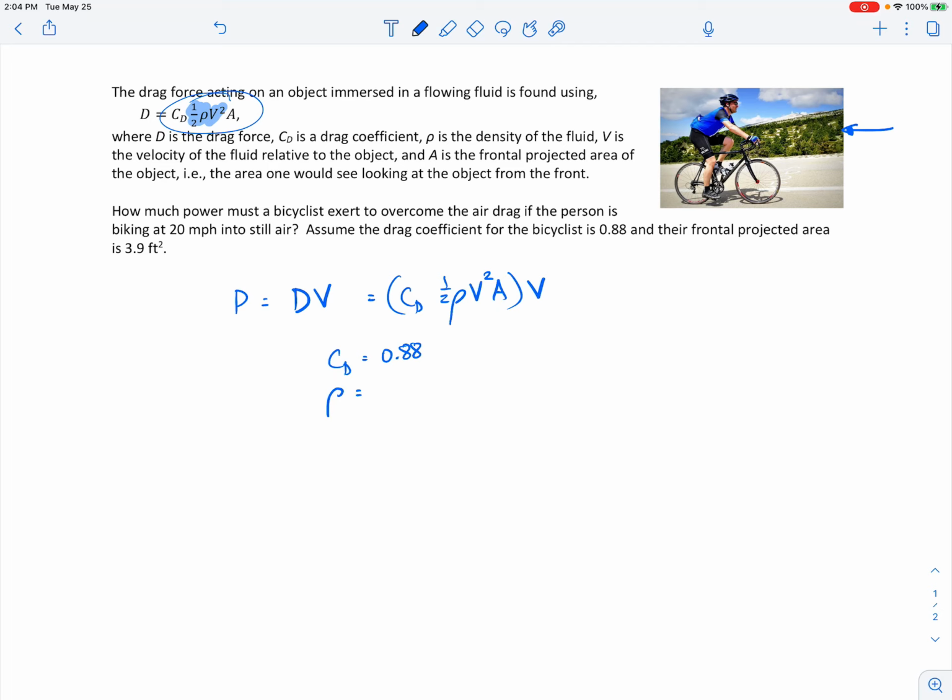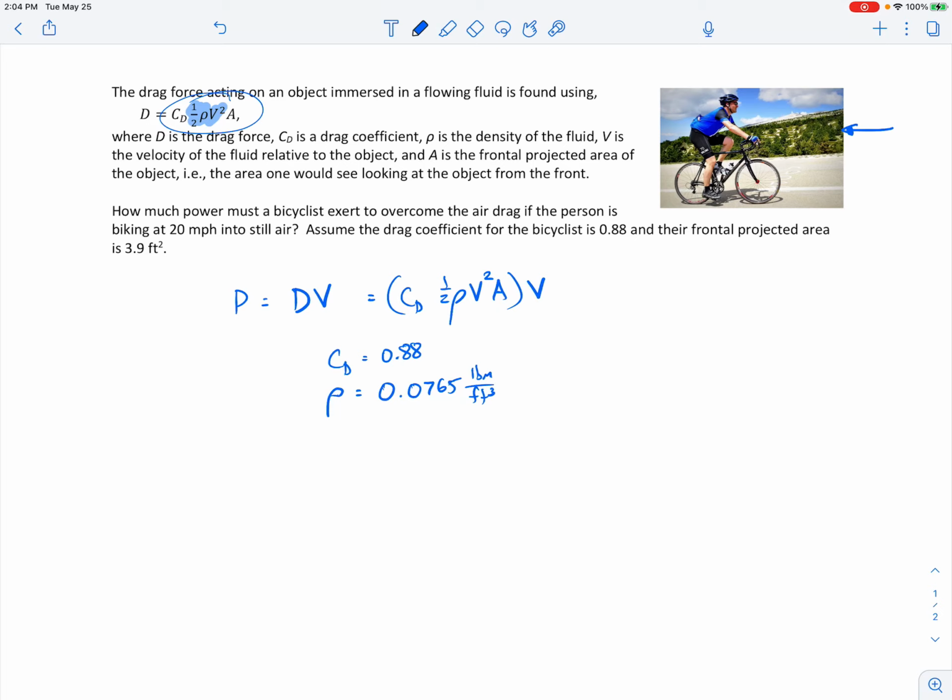The density of air, we're assuming the person's biking through air, that we would have to look up. So you can look up the density of air at what we call standard temperature and pressure. That's just sea level conditions. And in imperial units or English units, it comes out to be 0.0765 pounds mass per cubic foot.